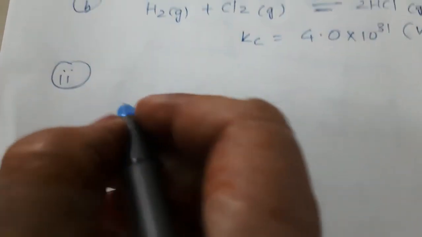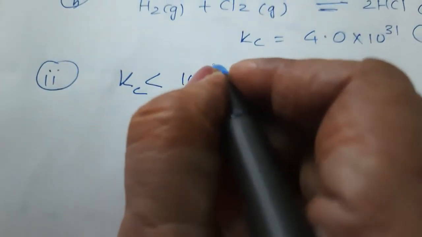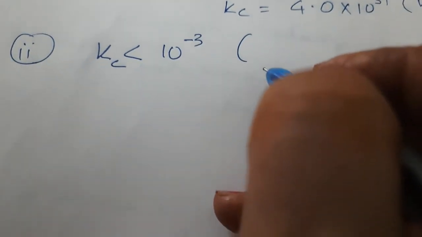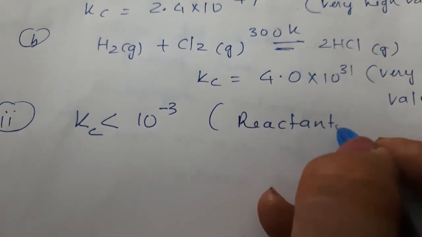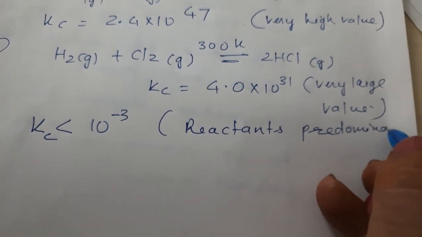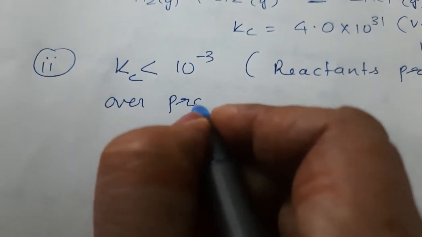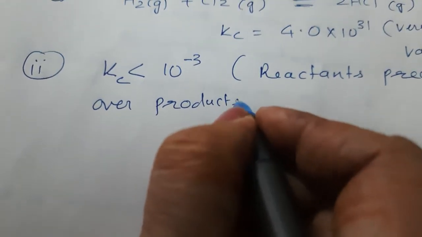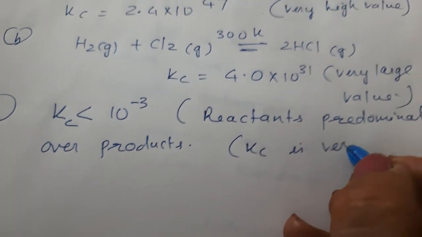But if Kc is smaller than 10 raised to power minus 3, then the reactants predominate over products. This is a very small value, so reactants predominate over products, because Kc is very small.